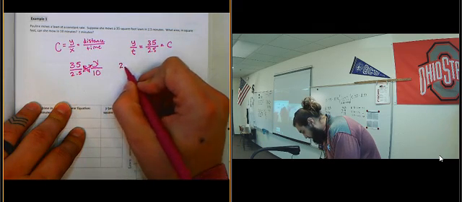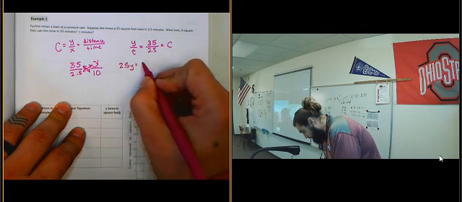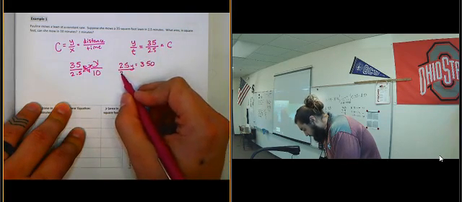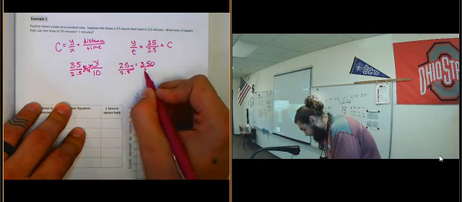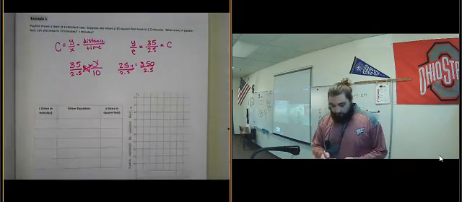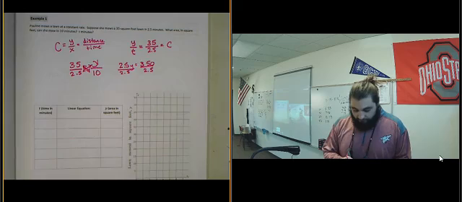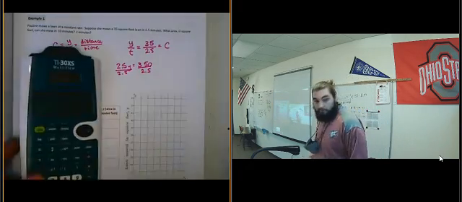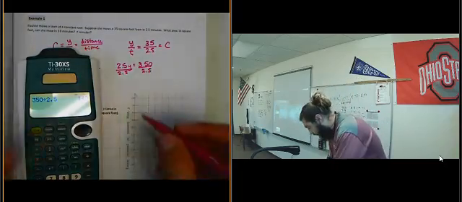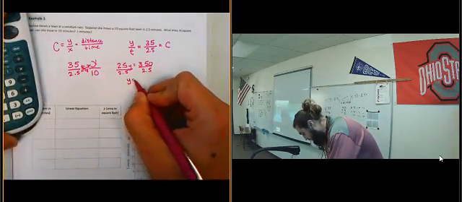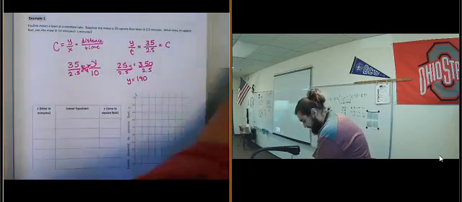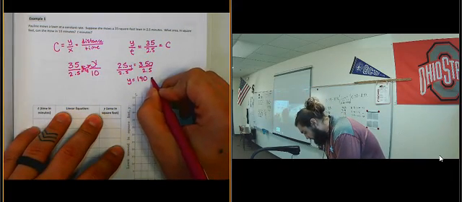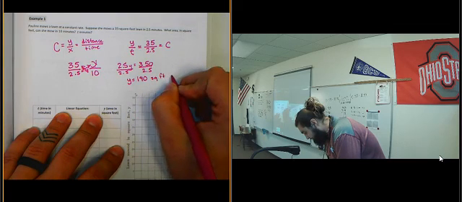So we get 2.5y is equal to 350. Divide both sides by 2.5 and get 350 divided by 2.5, which gives us 140. So our y value is 140. That means in 10 minutes she can mow 140 square feet.